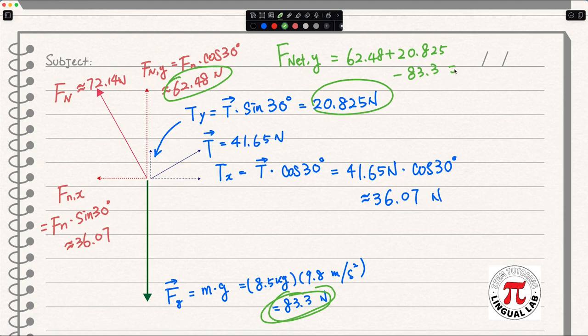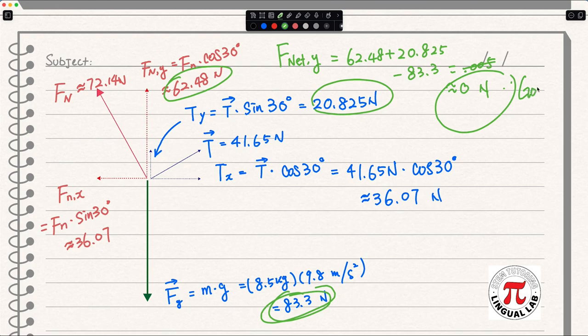Because of the rounded numbers there is a little difference, but it's about 0.005. That's why we can round it to 0 Newton. That's the y component: net force is 0.